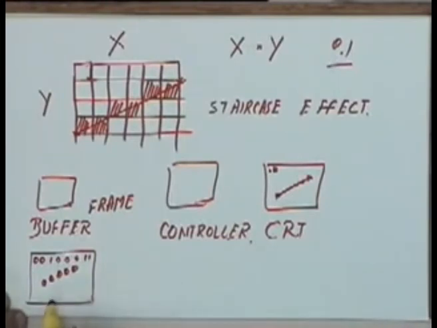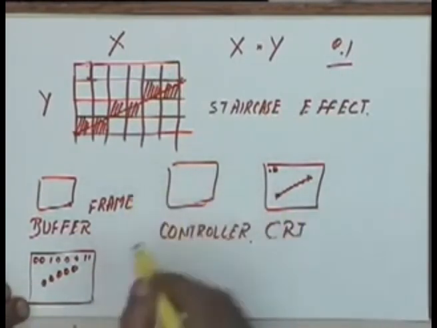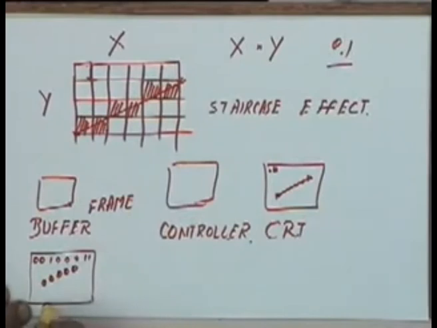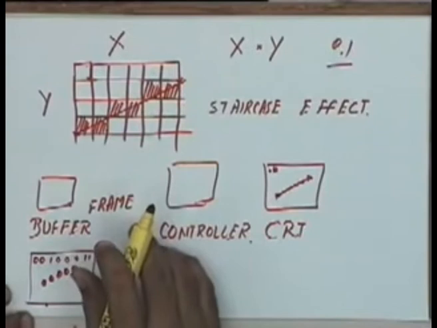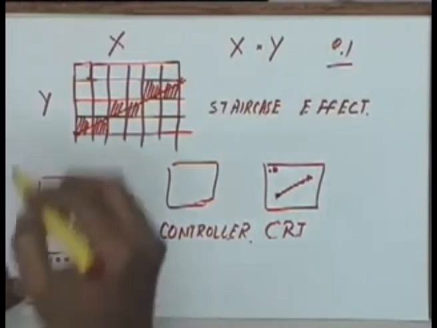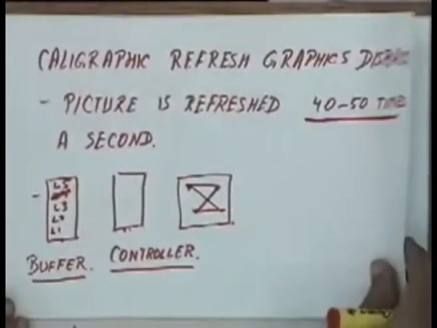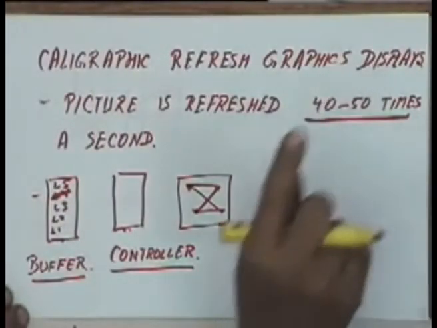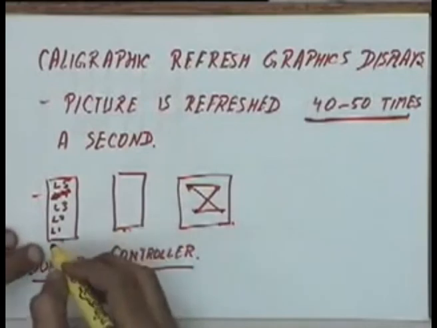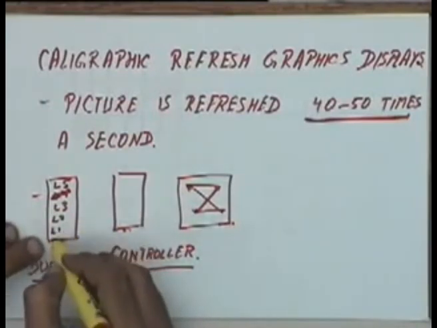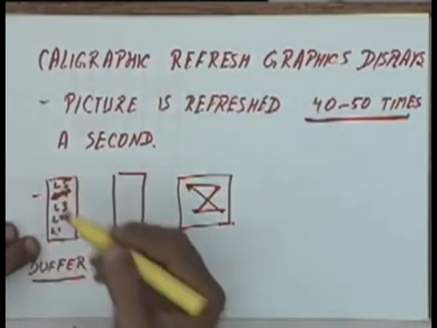So in this, the job of the programmer is slightly more difficult than the job in the previous case. Because in the previous case, in the case of a calligraphic refresh display, all that the programmer had to do was put in a line, just the description of the entity L1, L2, L3 or L4, whatever.